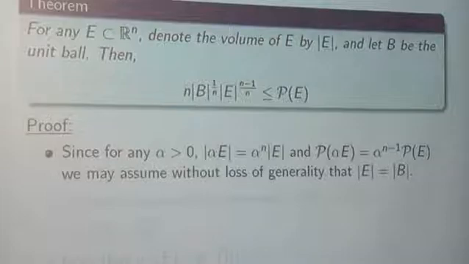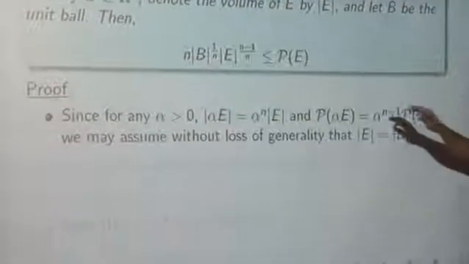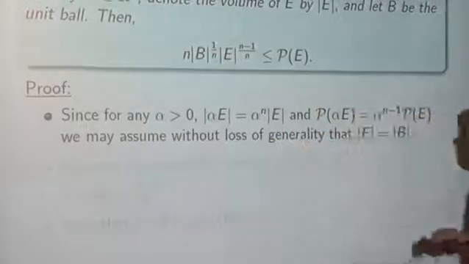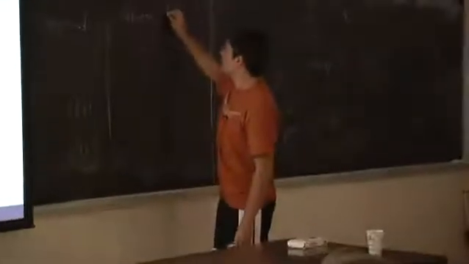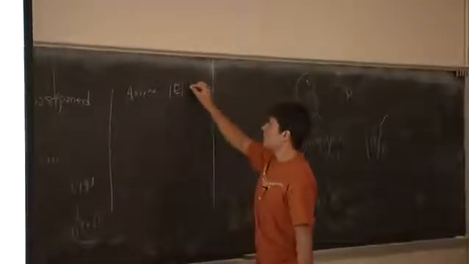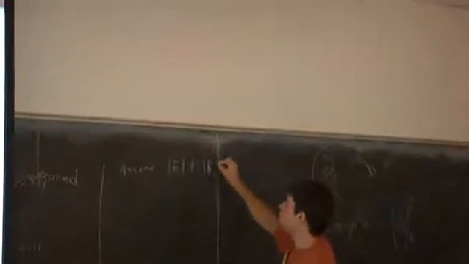And I claim that we can assume without loss of generality that the measure of E, the volume of E, is equal to the measure of the unit ball. Whenever I say measure, I always think volume. Why can we do that? Well, that just comes from the scaling invariance of this quantity and this quantity. So here's the proof. Assume the measure of E is not equal to the measure of B1.